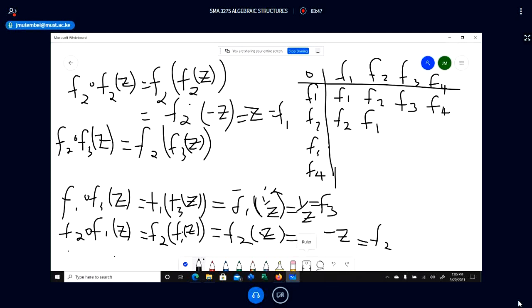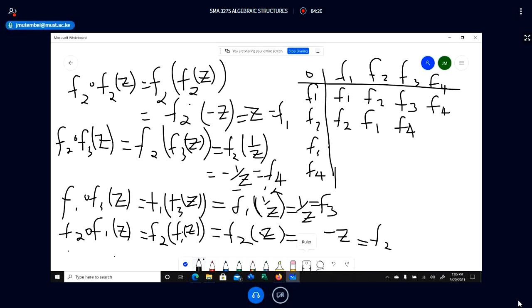F3 of Z is defined as 1 over Z, so this becomes F2 of 1 over Z. F2 of Z is negative Z, so since our Z here is 1 over Z, F2 of 1 over Z becomes negative 1 over Z. Negative 1 over Z is equivalent to F4, so in the table here we shall have F4.